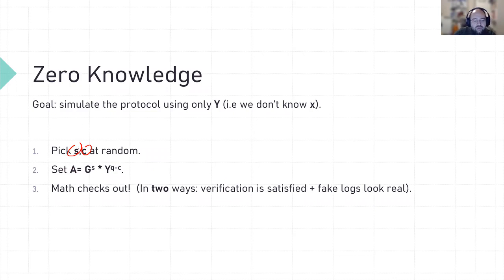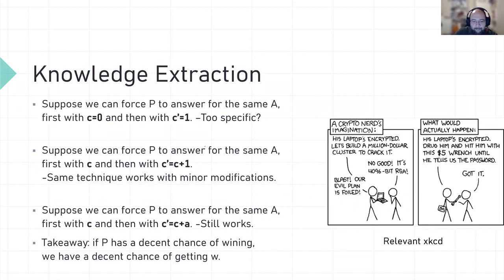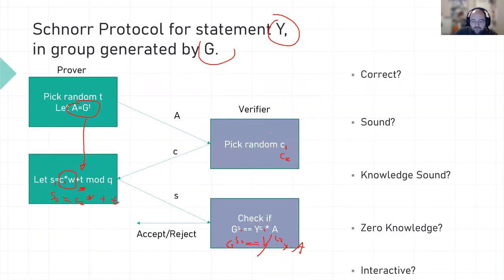Why do they look the same as real ones? Well, what does the challenge look like in a real log? It looks like a random value C, right? So if in the fake log we create C by picking a random number, and in the real log we create C by picking a random number, then they look the same.